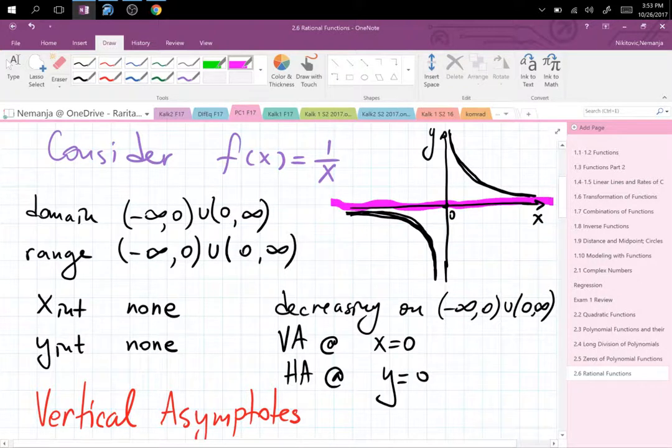And the vertical asymptotes, your x and your y axis.